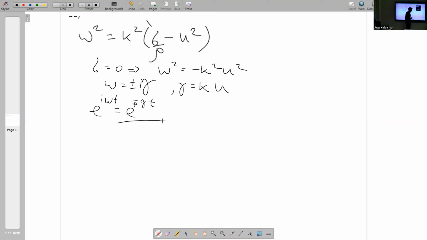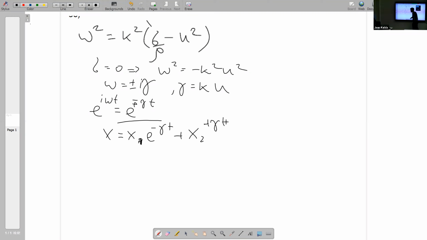What does it mean? It means that the total solution will be, let us say, the amplitude of the perturbation x is going to be the initial amplitude: first integration constant x1 e to the power of minus gamma t, and a superposition of those two solutions, x2 e to the power of plus gamma t.